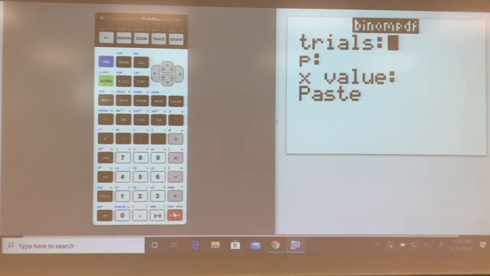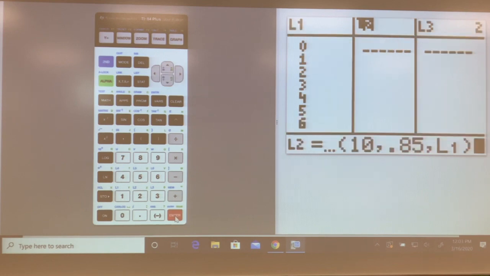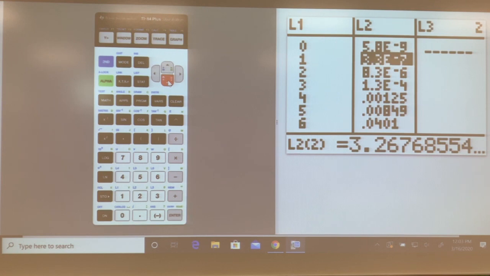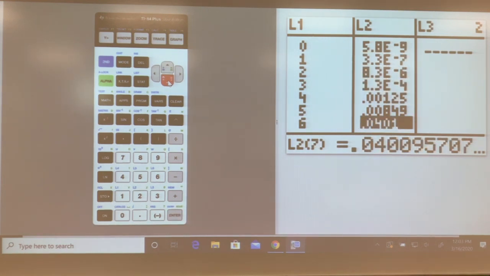And I'm going to tell it, now you may have to put commas on your calculator, we're serving 10 serves, okay, with the probability of success of 0.85, and we are looking for L1, second and the 1 button. You're going to tell the whole distribution what to do, and you'll have it. So that is the probability of success for every single one, okay?